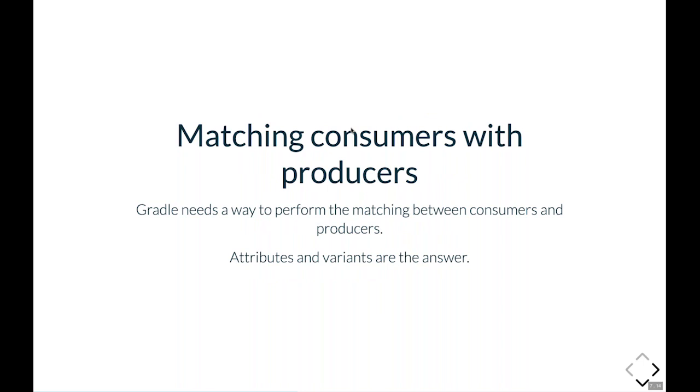So with all these types of dependencies, the question then becomes, how does Gradle match consumers with producers? You realize that in the example project Cedric did, the Git utils uses its compile classpath in order to compile itself.